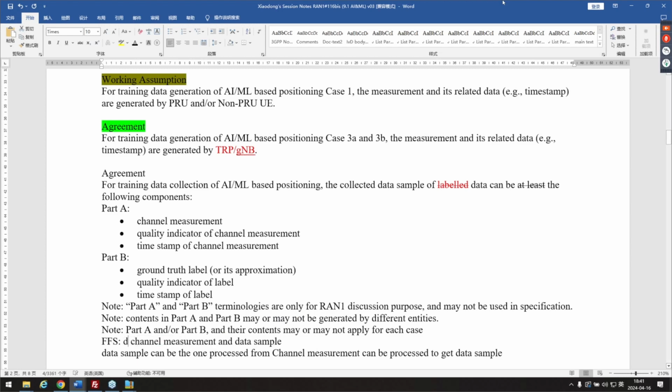Another suggestion is the channel management related information. Detailed metric of the channel management. Metric is not a good word. Maybe detailed definition of channel management.